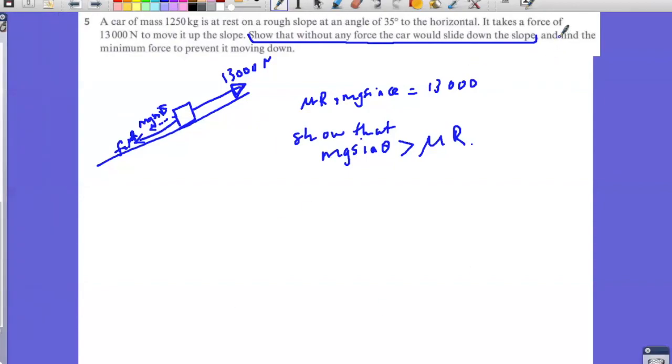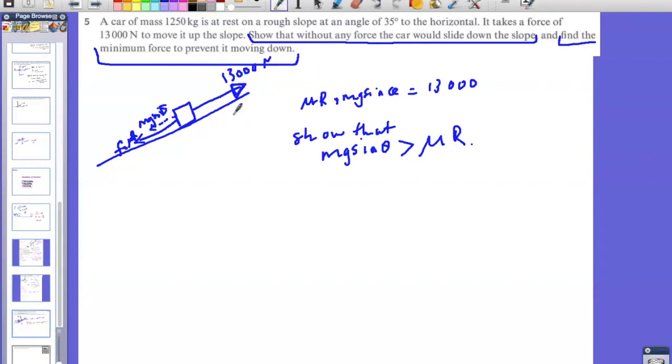And it says you should find the minimum force to prevent it moving down. In this case now, let me draw a different diagram.